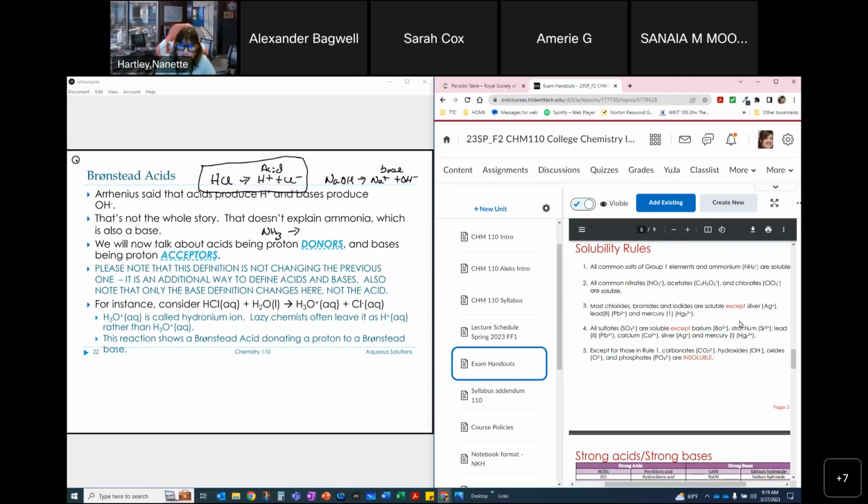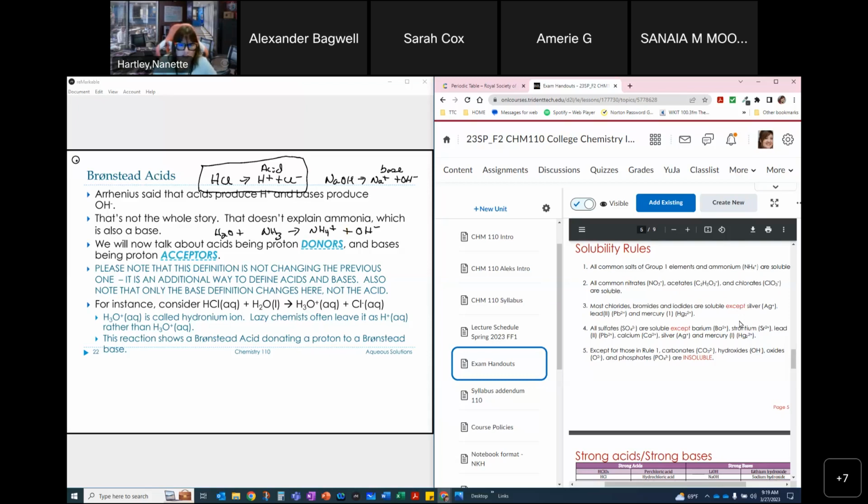How does that work? Well, if I'm talking about NH3 being a proton acceptor, it's typically in water. So if I react H2O with NH3, I end up with an NH4 plus and an OH minus. So we still get that OH minus, but it's not directly coming from the NH3.